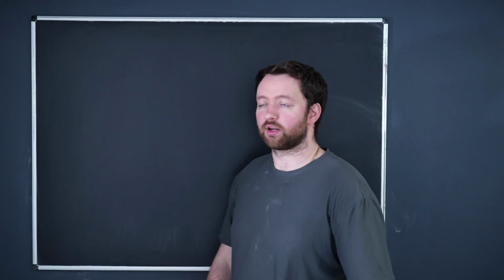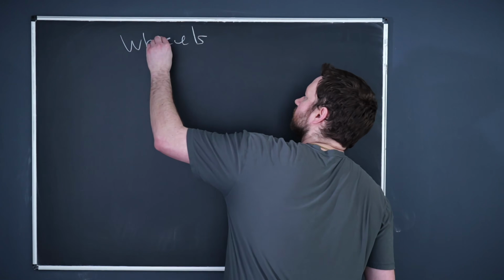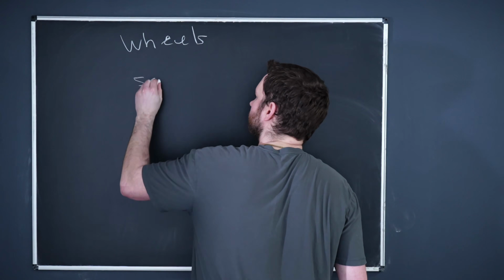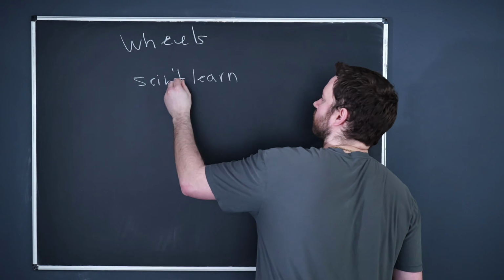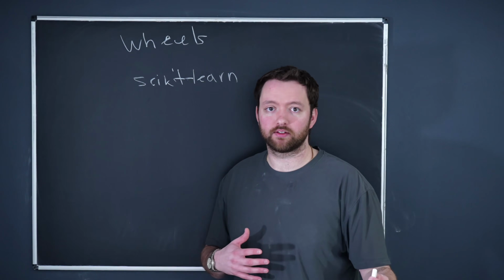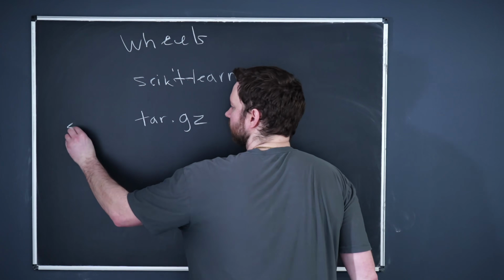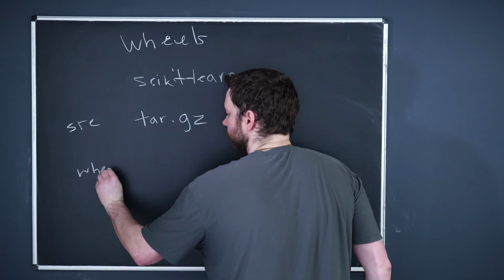The last thing I wanted to talk about in this lesson is the concept of wheels. So when you find a package, let's say scikit-learn, and you go look at that package on the package index, it's going to have a tar.gz. This is the source. And then it will also have wheels.